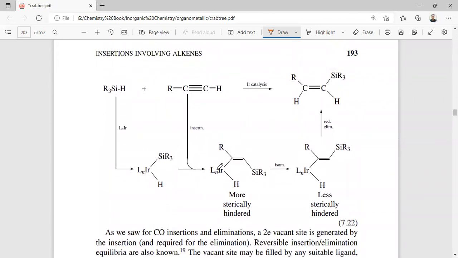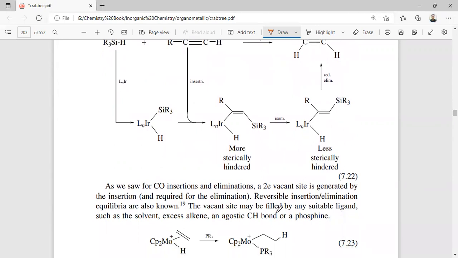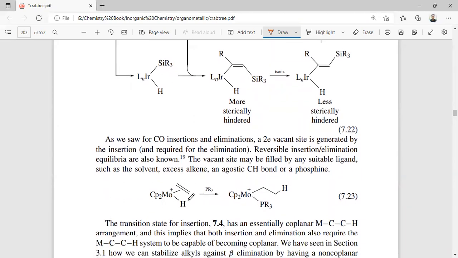So as we saw for the CO insertion and elimination, a two-electron vacant site is generated by the insertion. Reversible insertion and elimination equilibria are also known. The vacant site may be filled by any suitable ligand such as solvent, excess alkene, an agostic C-H, or phosphine.